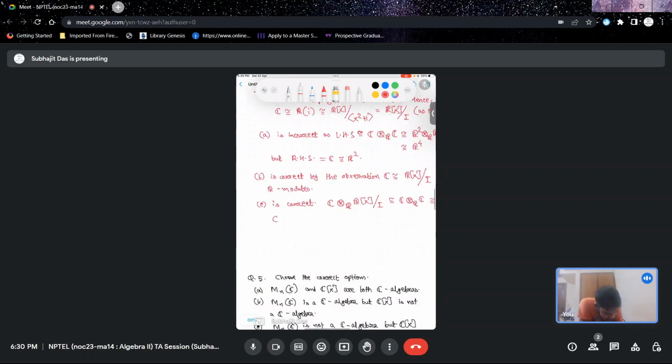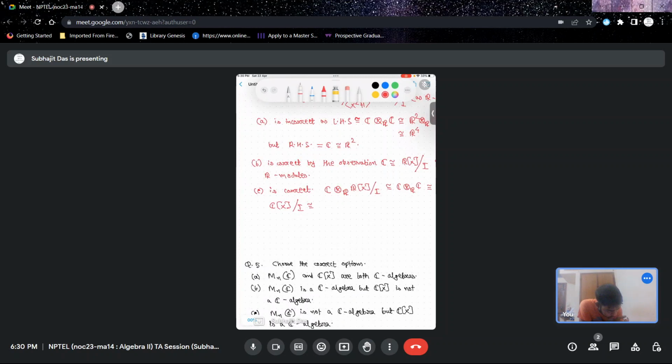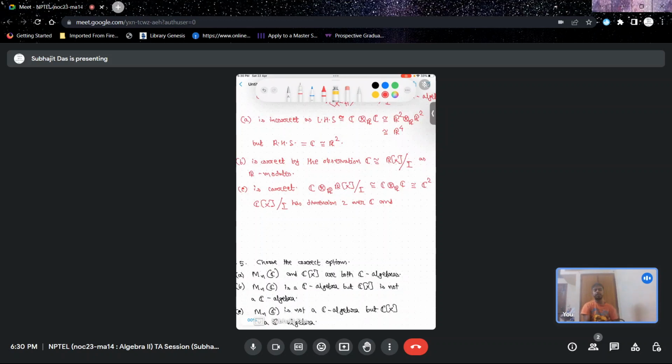And on the other hand, C[x] mod I has dimension 2 over C, and this you can check easily by using the division algorithm, right?